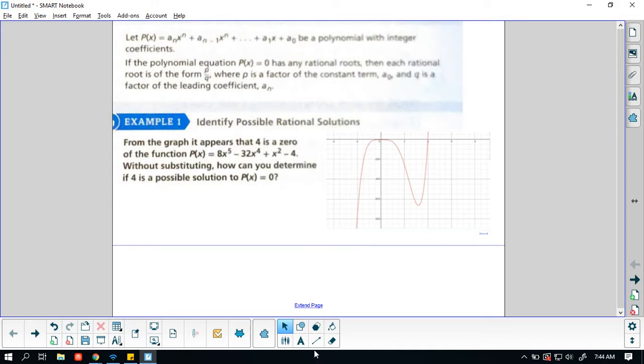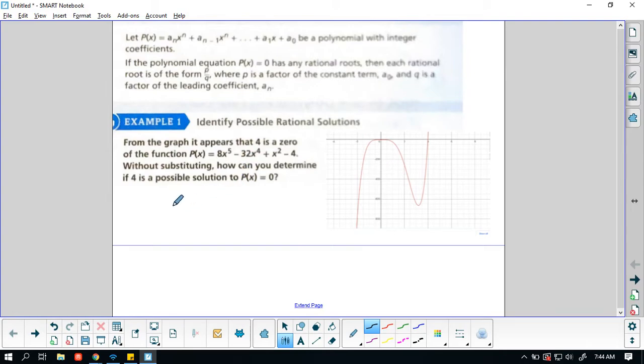From the graph, it appears that 4 is a zero. So I'm looking at this graph. They zoomed really far out. I recreated this graph in Desmos, and I zoomed all the way to negative 1,000. And looking at that, it appears that this graph has at least 2 zeros. So we're going to see, without substituting, how we can determine if 4 is a solution.